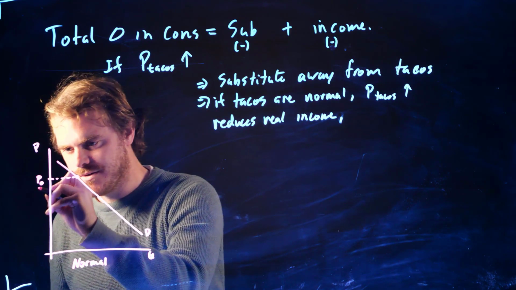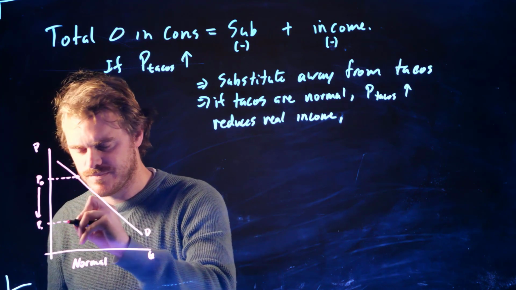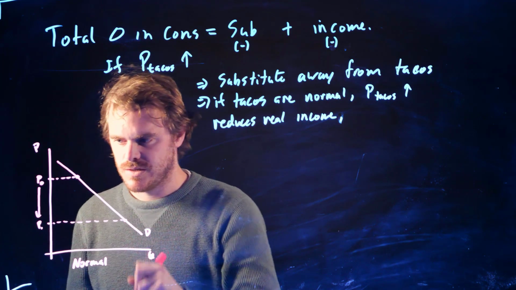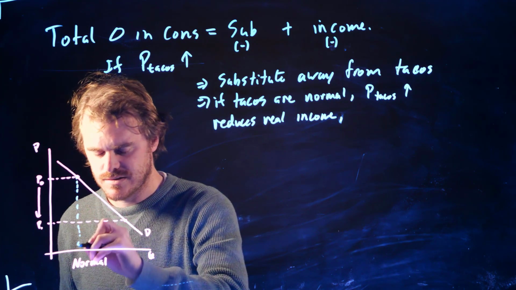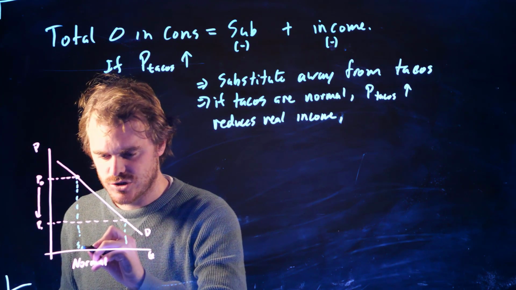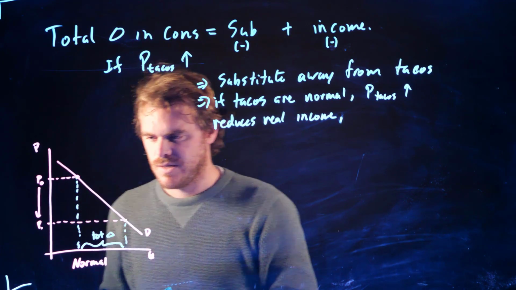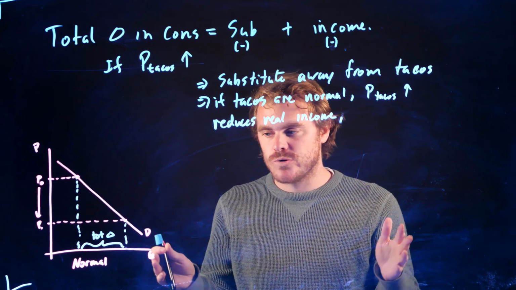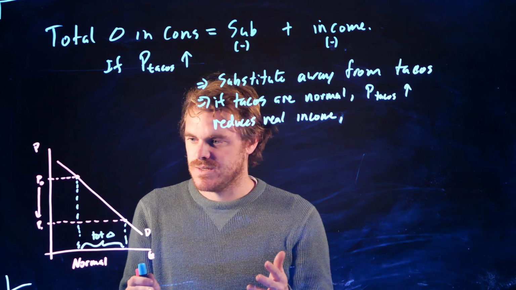And the price falls to P1. So this is the total change. But we're going to decompose that total change into an income and a substitution effect.